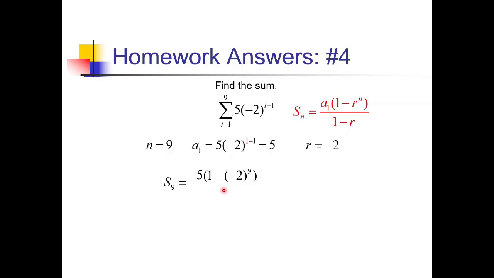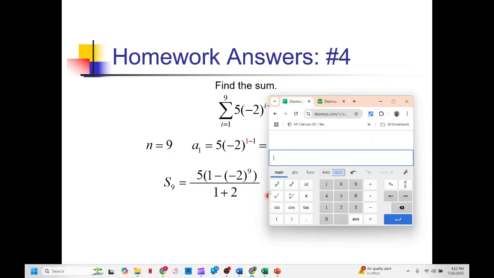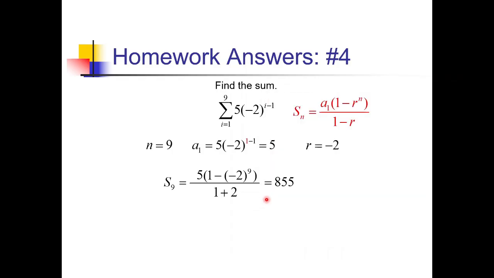And down here we have 1 minus the r value -2, so that would be 1 plus 2. And I'm just going to plug all this into Desmos. So let me do a fraction. We got 5, and then we've got 1 minus -2 in parentheses, exponent of 9, close the parentheses, and then in the denominator we've got 1 plus 2, which all this comes out to 855.